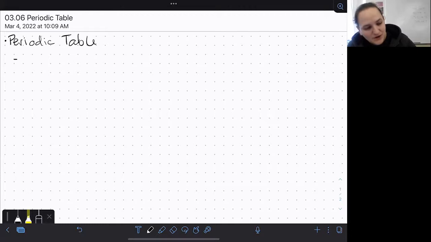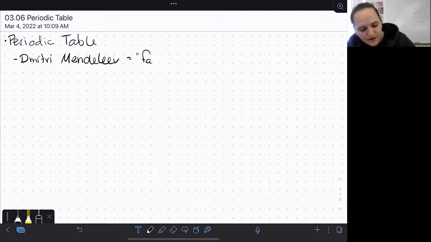The periodic table as we know it today was developed by a man by the name of Dmitry Mendeleev. He is often referred to as the father of the modern periodic table.